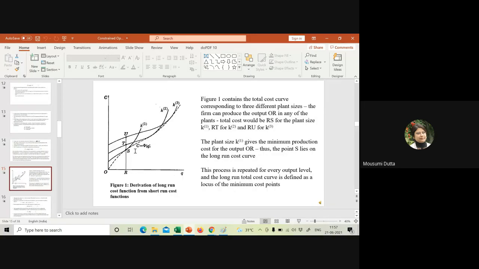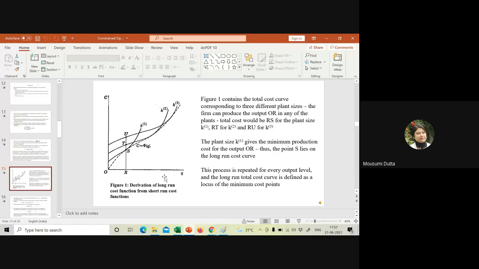Graphically, the thing will be easier to understand. Look at this graph, we are measuring output along the horizontal axis and cost along the vertical axis.